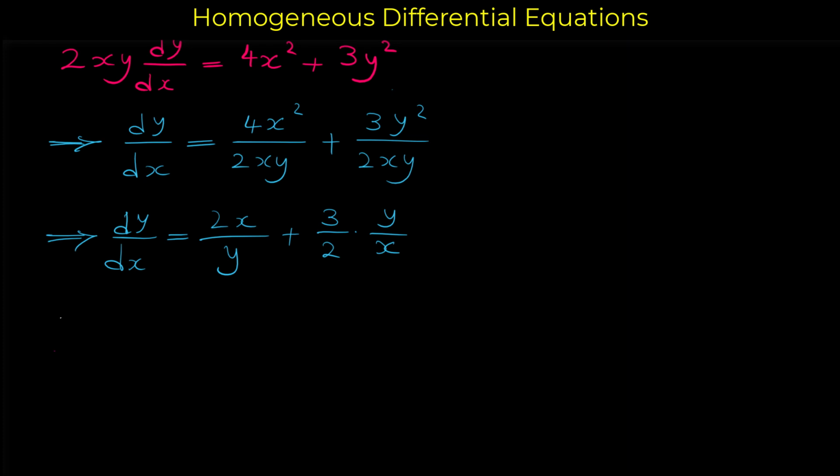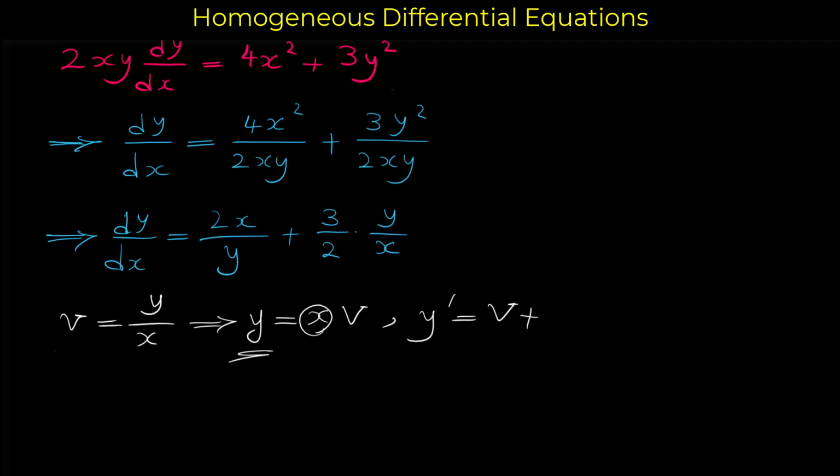So we suppose v to be y over x. This is how we solve homogeneous differential equations. Always we suppose y over x to be v. Then from here y is xv, and from that we can conclude that y prime, the derivative of y, equals the derivative of x, which is 1, times v plus x times v prime, as we did in the previous example.